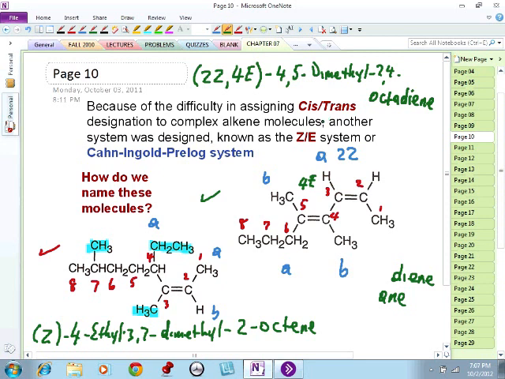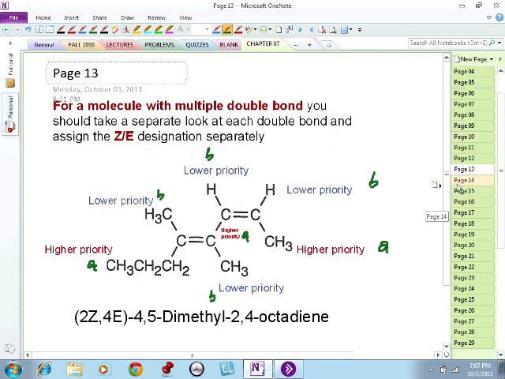Now, if you have three double bonds, it becomes octatriene. If you have four, it becomes tetraene. We are going to see some examples of that. I'm glad you brought that to my attention.